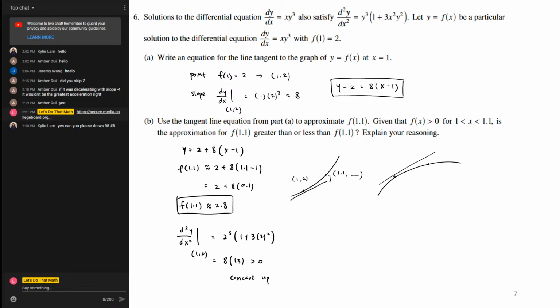And that's it, right? So we already made that conclusion that if it's concave up, it's going to be less than, right?